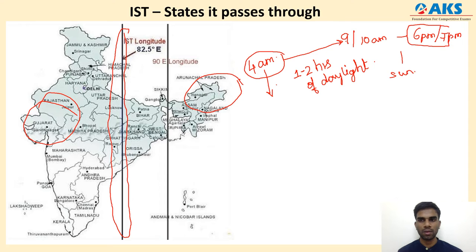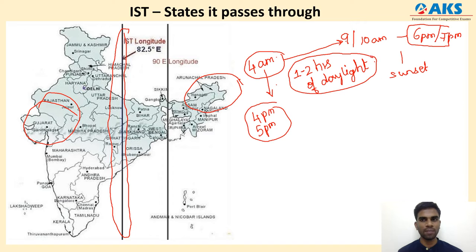The sun also sets early in Arunachal Pradesh, maybe around 4 p.m. or 5 p.m., based on the season. So they're losing 1 to 2 hours of daylight every day, and they have to work 1 to 2 hours after sunset.